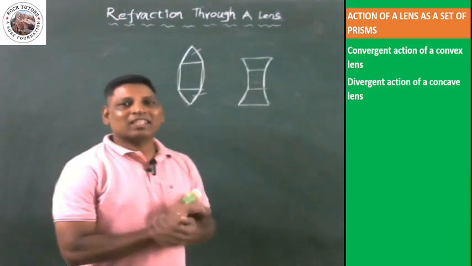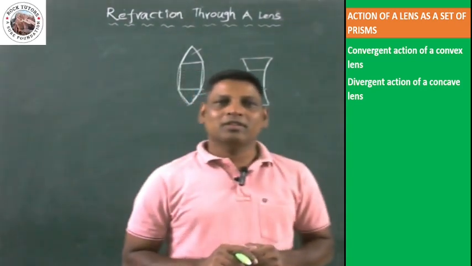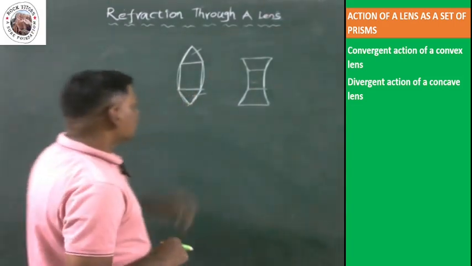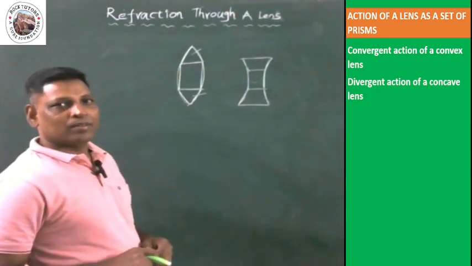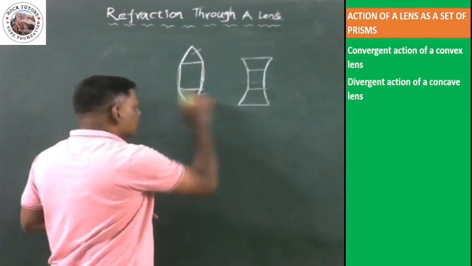So we can say that a lens is a combination of prism and a glass slab. That means a lens is formed from the combination of a prism and a glass slab.